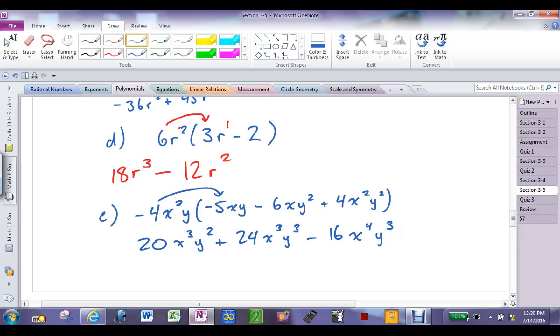Perfect. Okay, that's really a grade 10 question, but I want to make sure everybody's on board. The only thing we would do with that is we would write it in a different order, wouldn't we? What would be first? The 16x4, right? Because that's the highest degree.